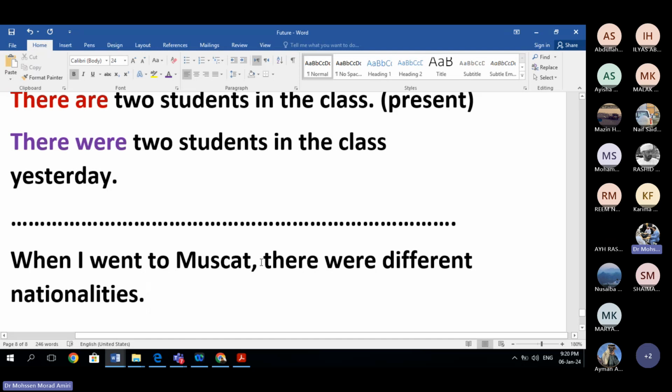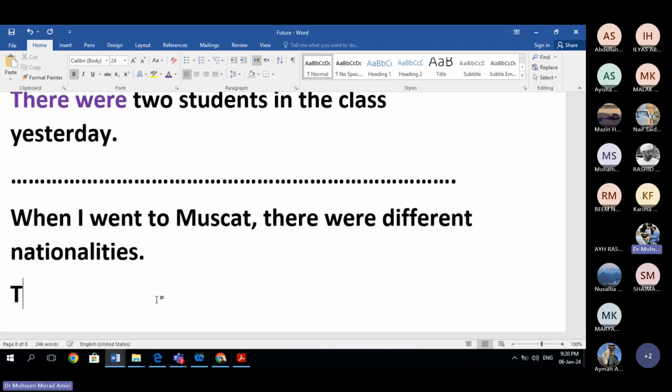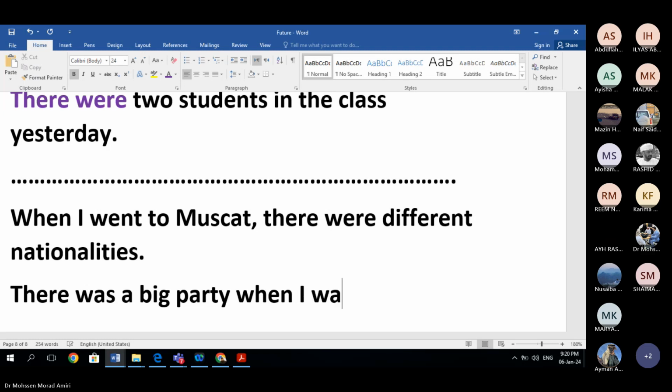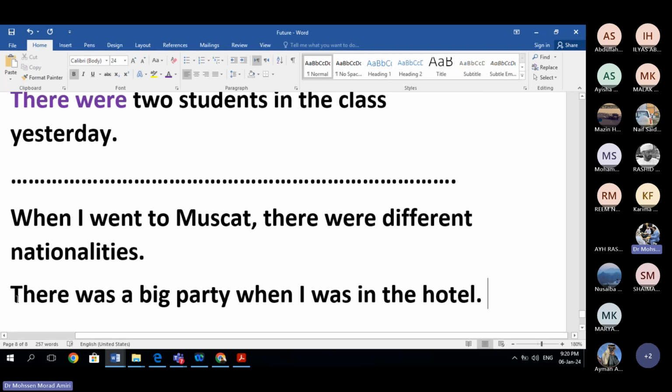So there were. So for example, you're talking about something in Muscat, in Madi. When I went to Muscat, there were different nationalities. Or at the beginning, you can say, for example, there was a big party when I was in the hotel. شوف, this is only we talking about one thing. خلي واحد thing.